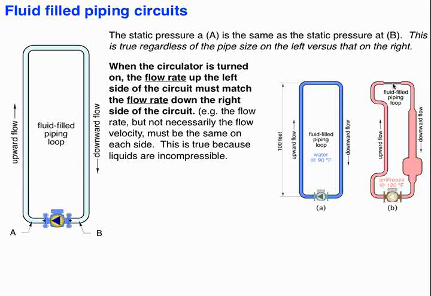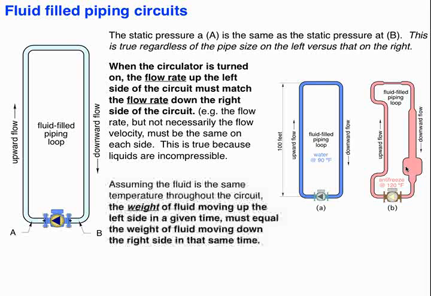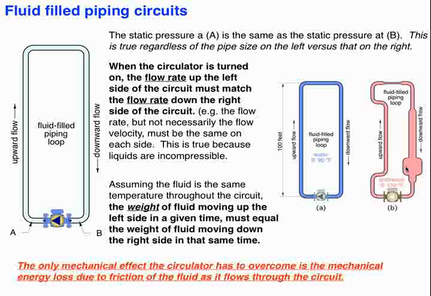For example, if it goes through a very small pipe, it's going to move at high velocity relative to a fat pipe like this. But the flow rate is going to stay constant all the way around the circuit. And what that means is that the weight of the fluid going up in any given amount of time is equal to the weight of the fluid coming down.